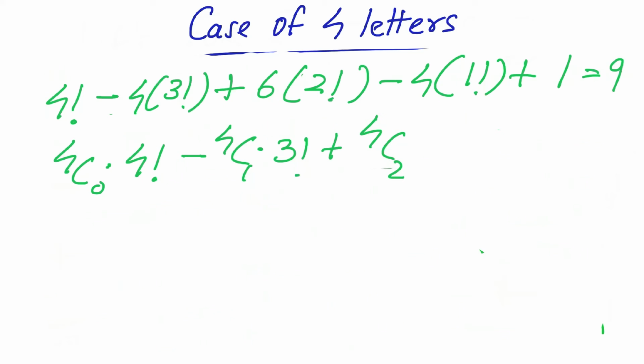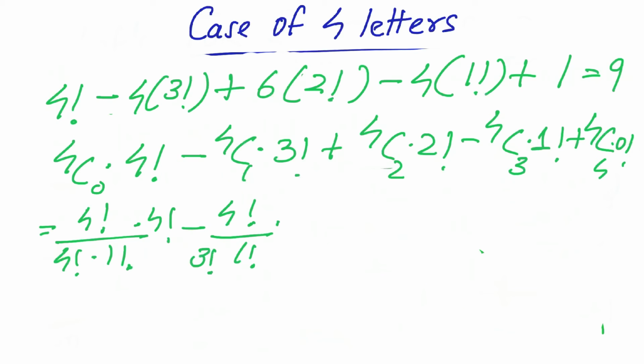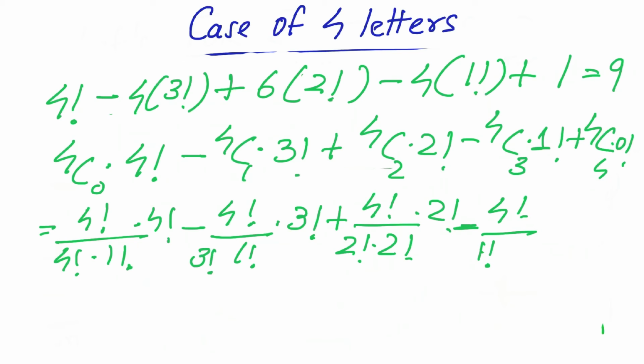We can rewrite this as 4C0 times 4 factorial minus 4C1 times 3 factorial plus 4C2 times 2 factorial minus 4C3 times 1 factorial plus 4C4 times 0 factorial, which can be rewritten as 4 factorial by 4 factorial times 0 factorial, the whole times 4 factorial, minus 4 factorial by 3 factorial times 1 factorial, the whole times 3 factorial, plus 4 factorial by 2 factorial times 2 factorial, the whole times 2 factorial, minus 4 factorial by 1 factorial times 3 factorial, the whole times 1 factorial, and lastly plus 4 factorial by 0 factorial times 4 factorial, the whole times 0 factorial.